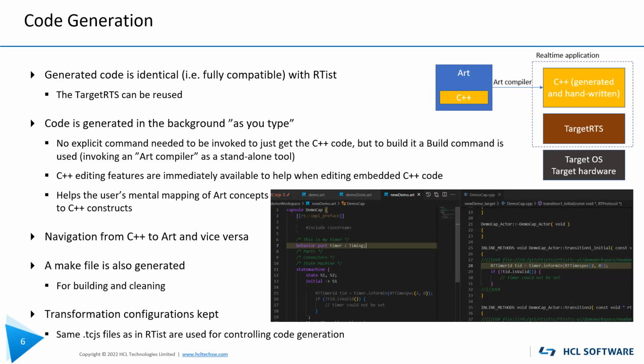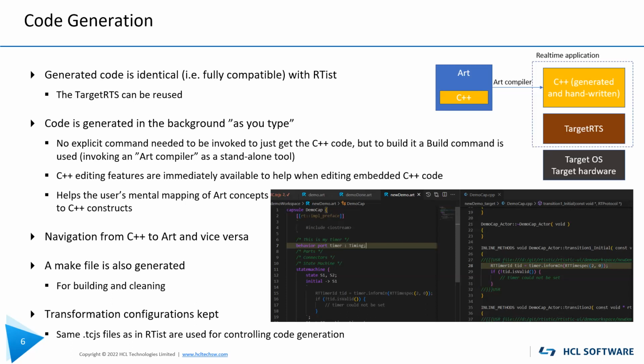And this has some nice usability benefits also, because it means that if you, for example, choose to write some code for a transition, it's usually best to do that in the context of the generated code and not in the art file. Because in the generated code, you can take advantage of all the editing features provided by the C++ tooling in the IDE, which of course is much better than what we could provide ourselves if you choose to do this inline in an art file.